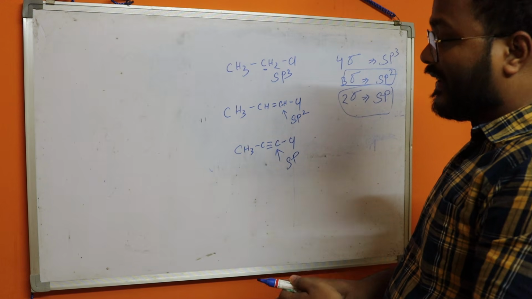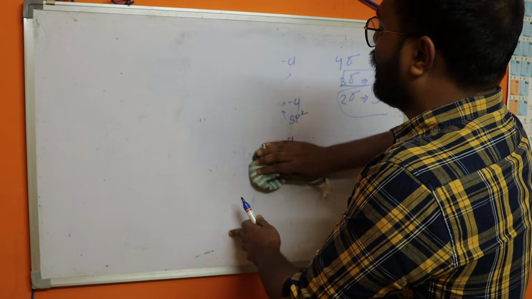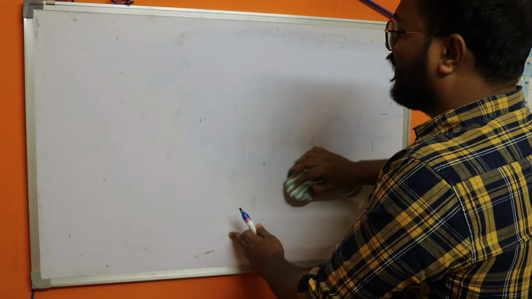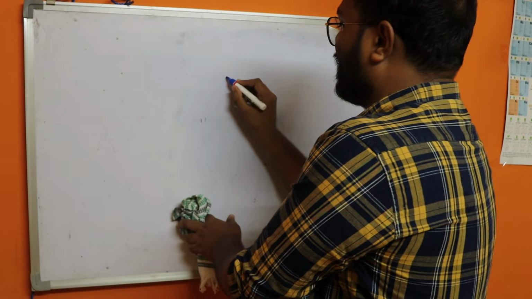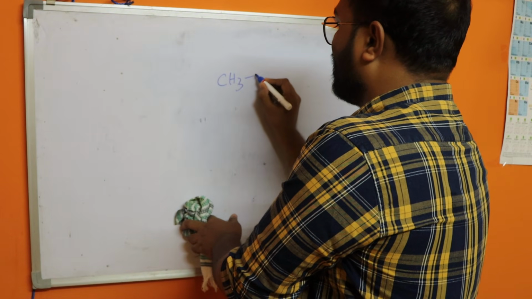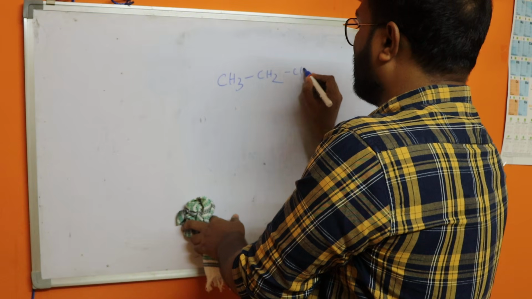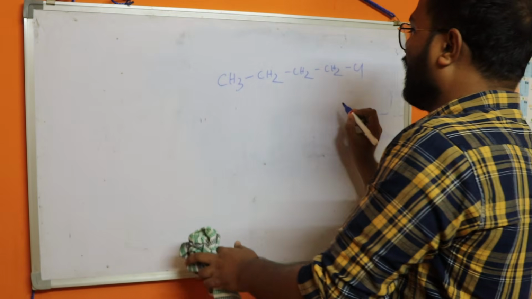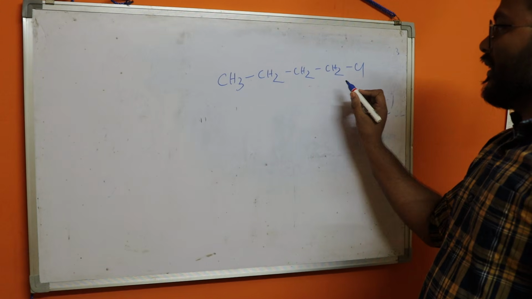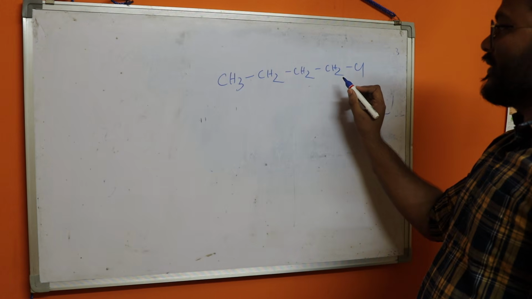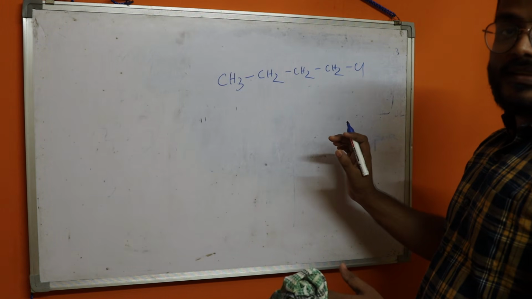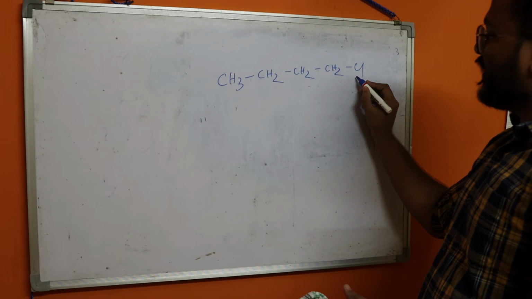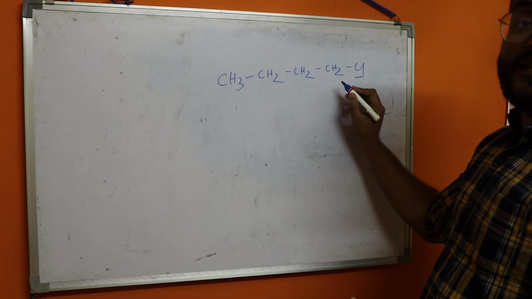Now we'll see how we will name them. What is the rule for naming these haloalkanes? We'll start with a very simple haloalkane, such as CH3CH2CH2CH2Cl. We have already learned that for naming this kind of carbon chain, we have to find the longest carbon chain. And here we have to remember that the halogen atom should get the lowest number.